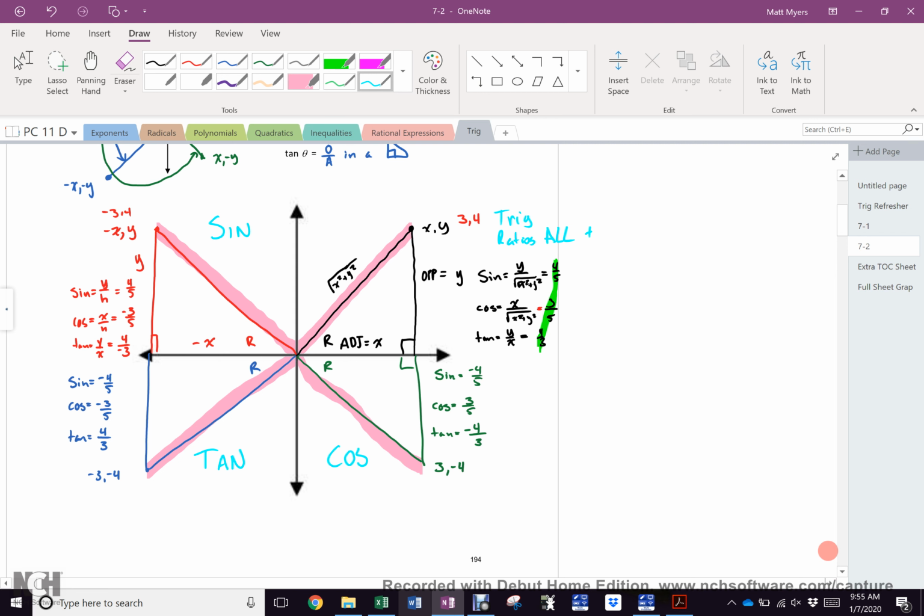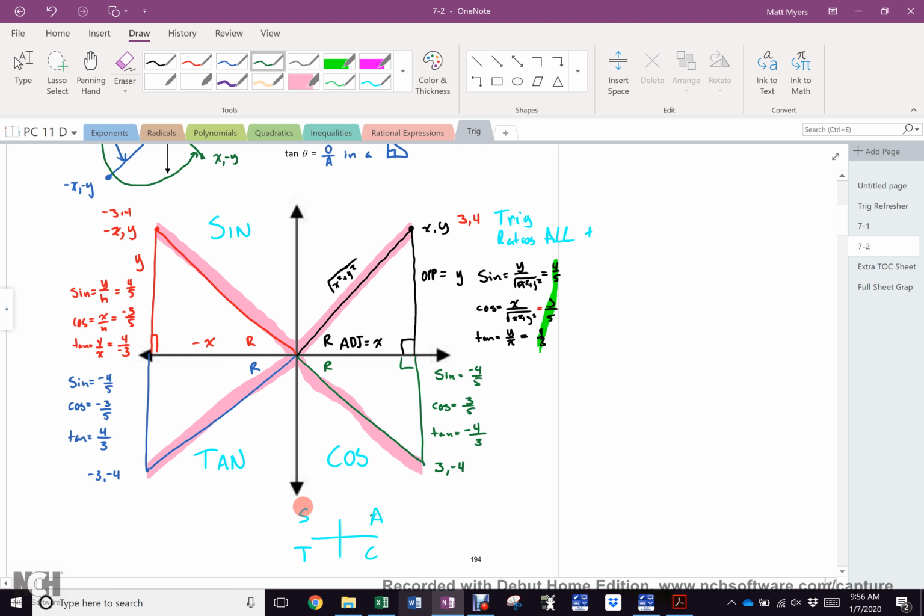Right? When I was a kid, we were taught C-A-S-T. Cast. Cosines are positive down there. All are positive there. Sines are positive there. Tans are positive there. I've also seen teachers say ACTS. A-C-T-S. So they can go clockwise: all, cos, tan, sine. I don't care.